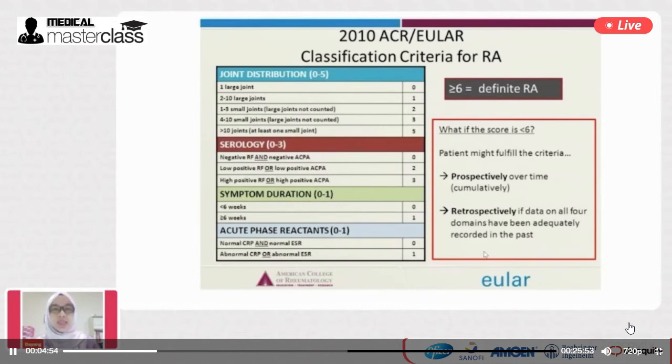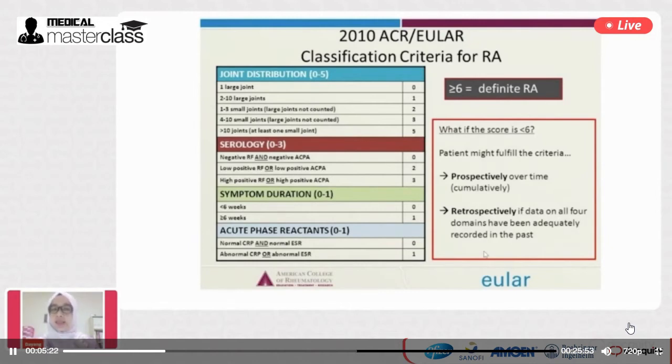So you classify as RA, rheumatoid arthritis, if you have more than or equal to 6 points from the domains that I have mentioned before. So what if the score is less than 6? Number one, the patient can still fulfill the criteria if cumulatively, basically over time, they fulfill other domains.